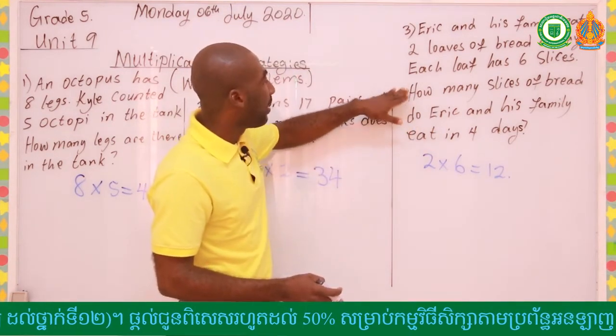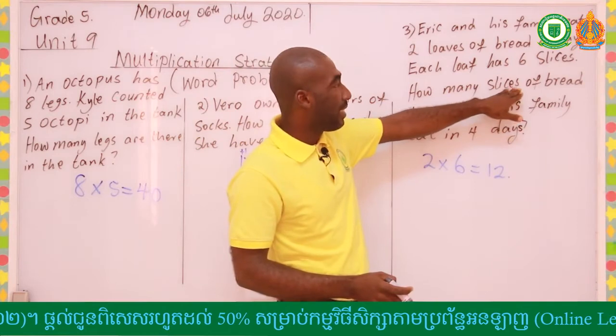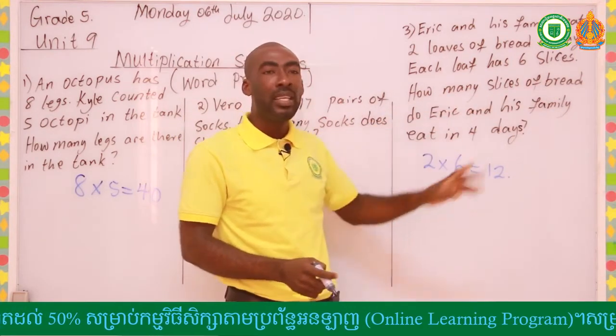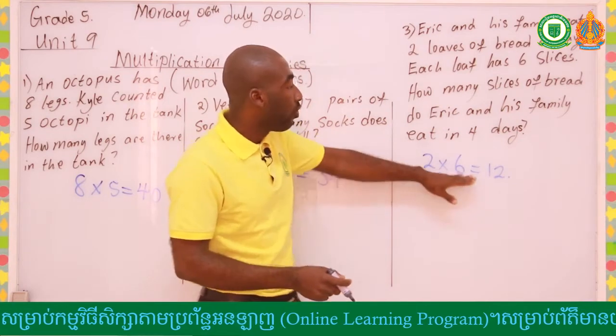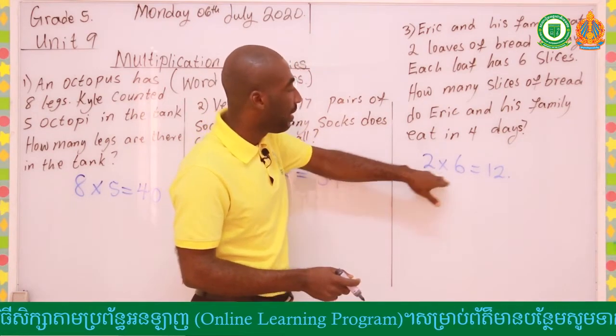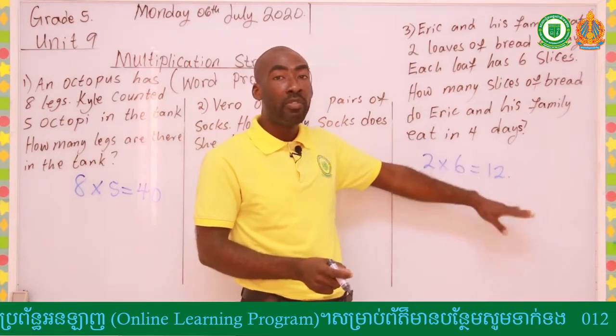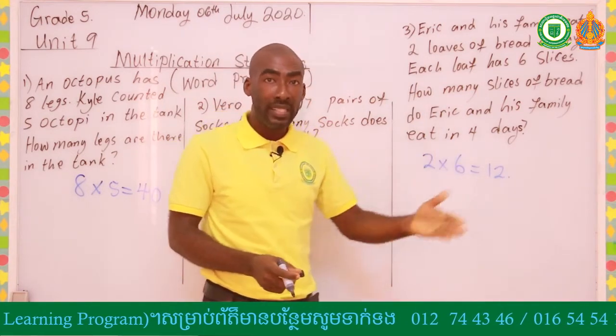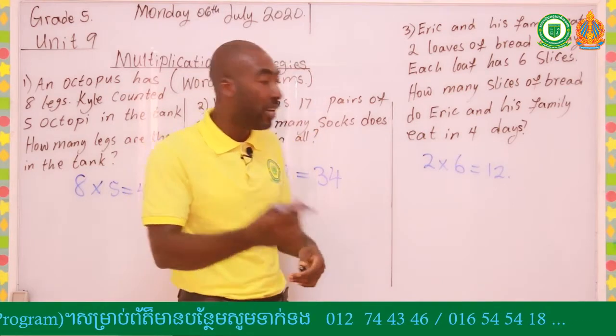Now the question is, how many slices of bread do Eric and the family eat in 4 days? So we know that in 2 of the breads that they eat, it comes with 12 slices. So each day they eat 12 slices, and they are eating for 4 days.